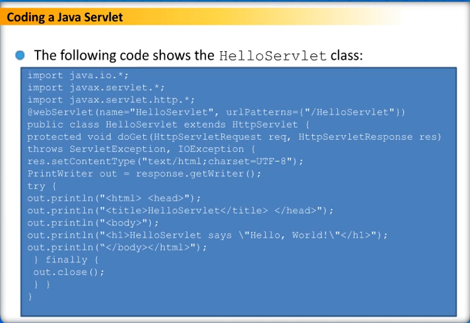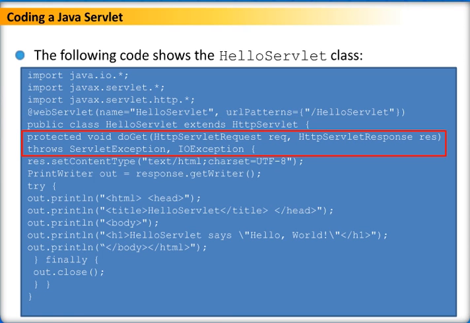The displayed code shows the HelloServlet class. In this code, the @WebServlet annotation specifies the name of the servlet and the URL pattern that the servlet is used to respond to. This statement specifies the class name as HelloServlet, extending the abstract class named HttpServlet. The HttpServlet class provides various service methods.